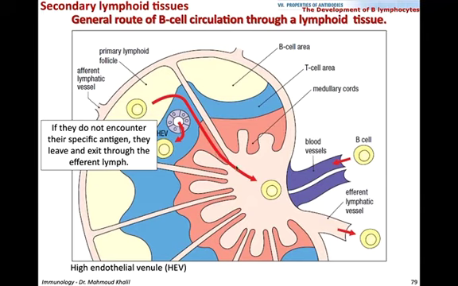But the main point here is that the routing of the B cells through the secondary lymphoid organ will determine if these B cells will mature and differentiate into plasma cells to secrete antibodies. And the main cause here is the exposure to the antigen. So in case there is no specific antigen, these B cells will leave the lymphoid organ and keep on circulating in the lymphatic vessels and blood.